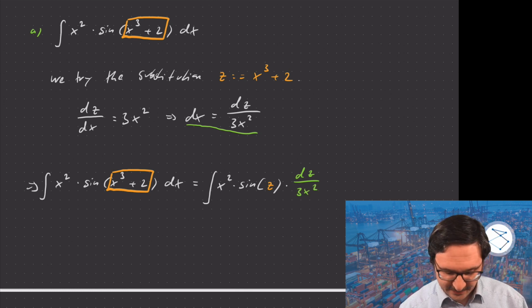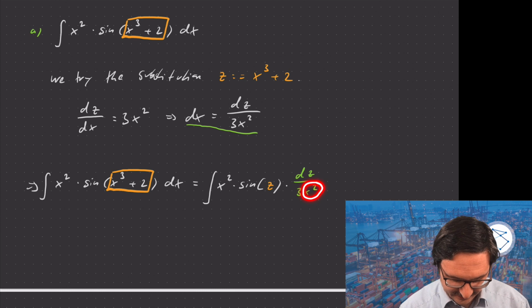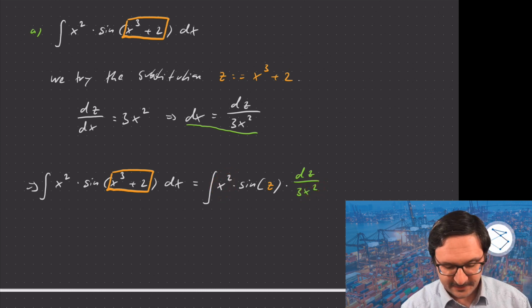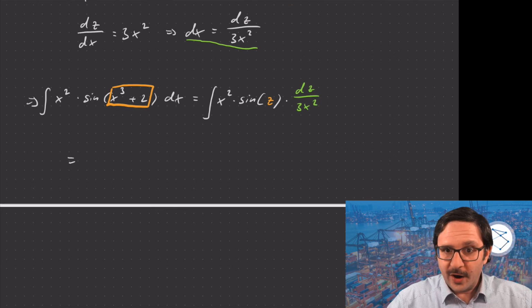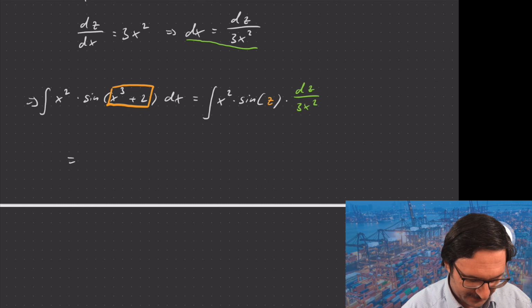And as you can see now, this x squared appears here and here. That nicely enough cancels out, and that's exactly what we want of that substitution.